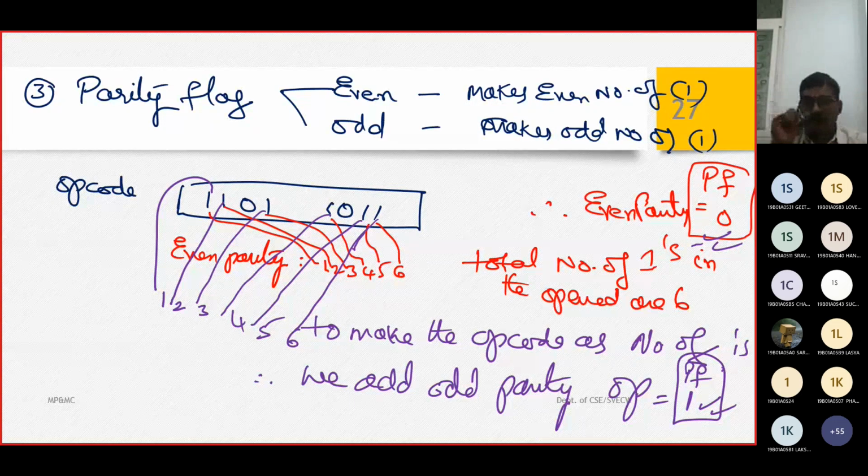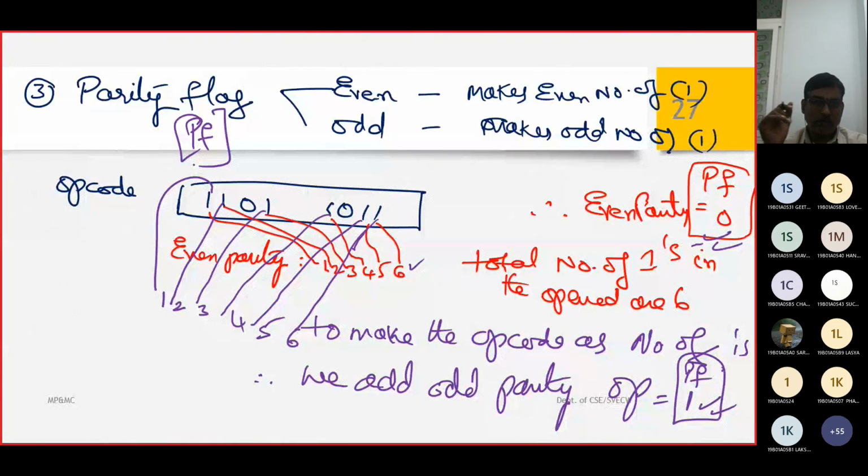If we want to make an even number of ones, we either add a 1 or delete a 1. Already there are 6 ones here. If I add one more 1, 7 is an odd number, which will not be appreciated for even parity. Therefore, PF is equal to 0. PF stands for parity flag.